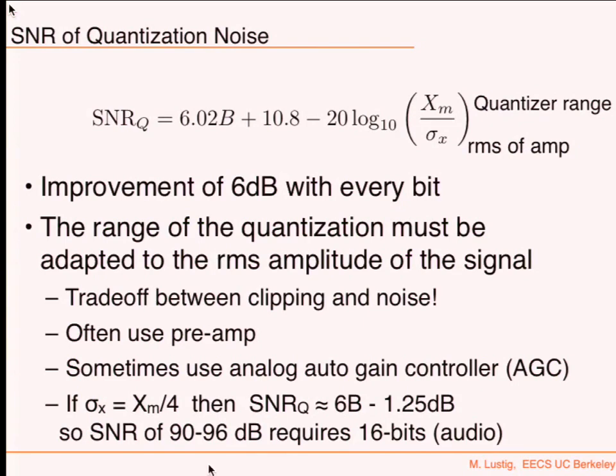Then if I want to get an SNR of about 90 to 96 dB of signal to quantization noise, I need 16 bits. And that's why audio has 16 bits, because you want really good, high-quality audio in CDs. So the signal to quantization noise in CD is about 90 to 96 dB. Okay? Cool, huh?